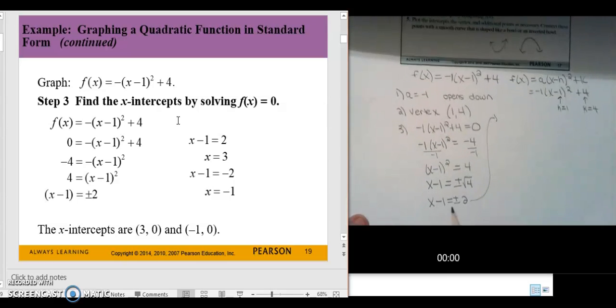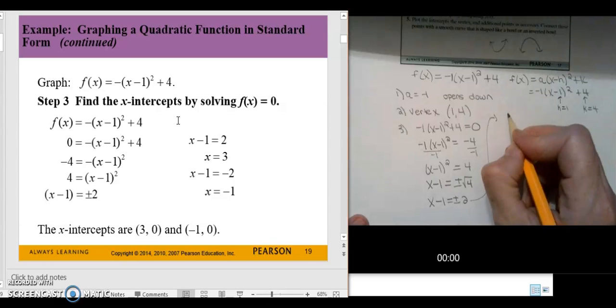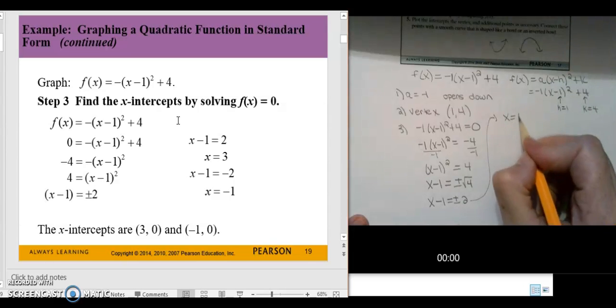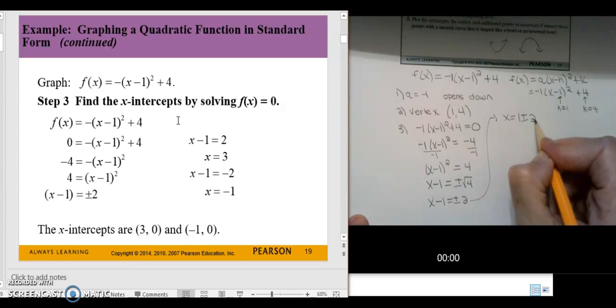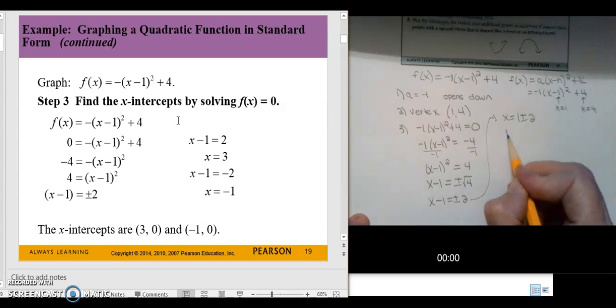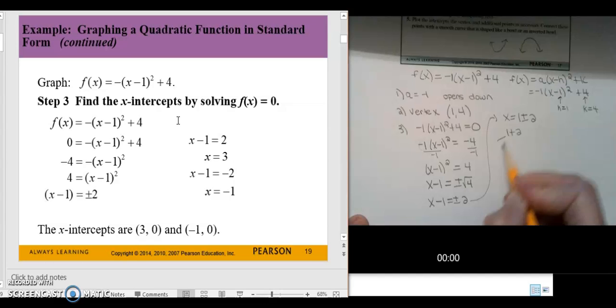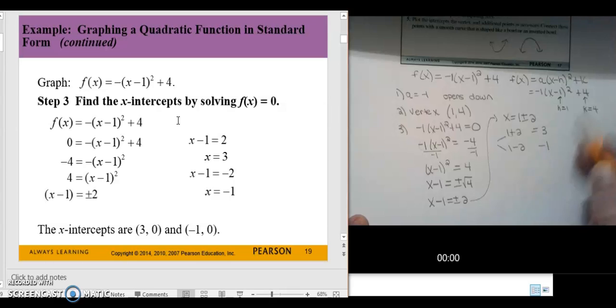So x is equal to 1 plus or minus 2. And that gives us two answers, 1 plus 2 and 1 minus 2. So we get 3 and we get -1. So our two x-intercepts are (3, 0) and (-1, 0).